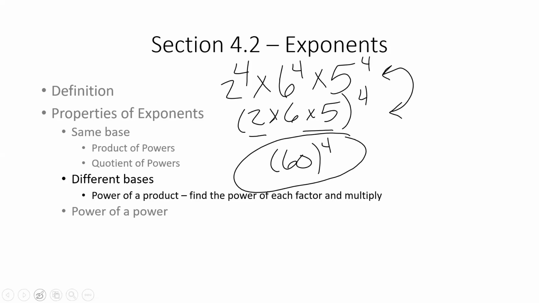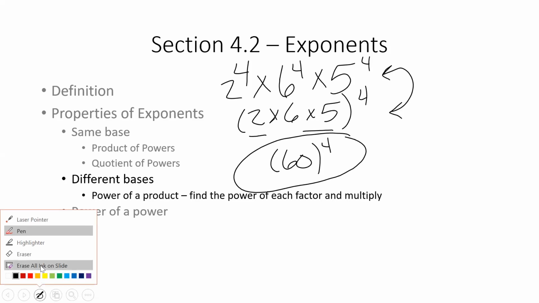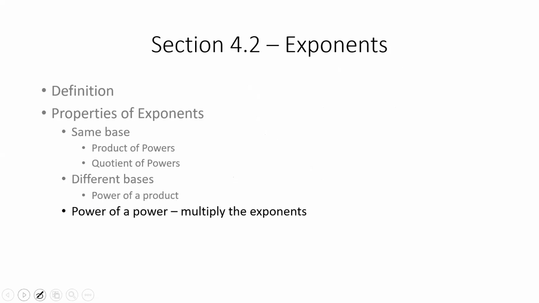We have one other property we want to make sure that we're aware of, and that's power of a power. So it sounds complicated at first, but we're taking something raised to some power raised to another power.